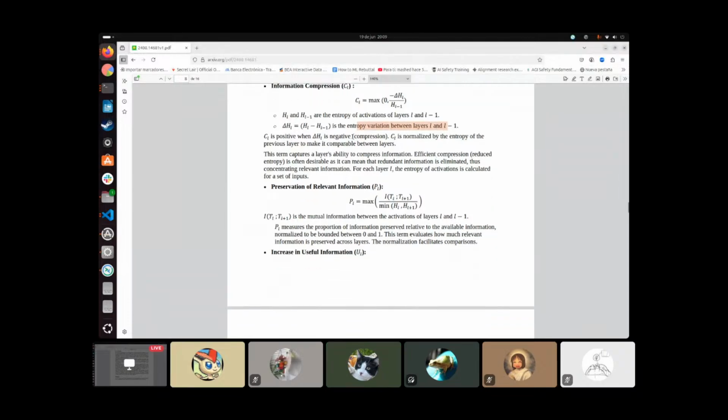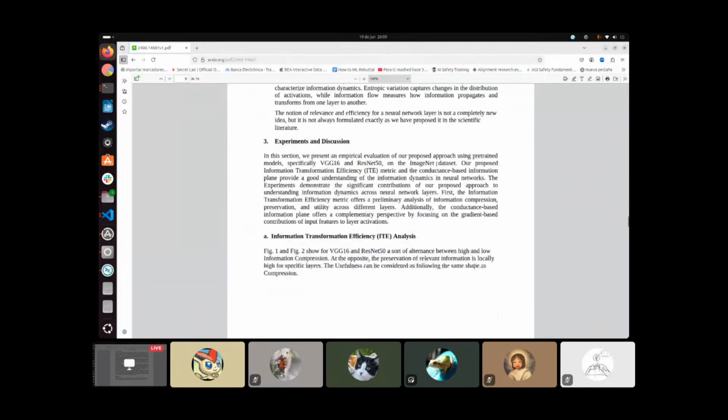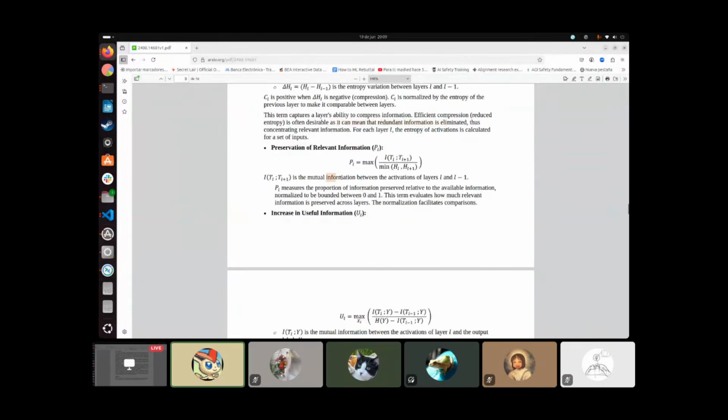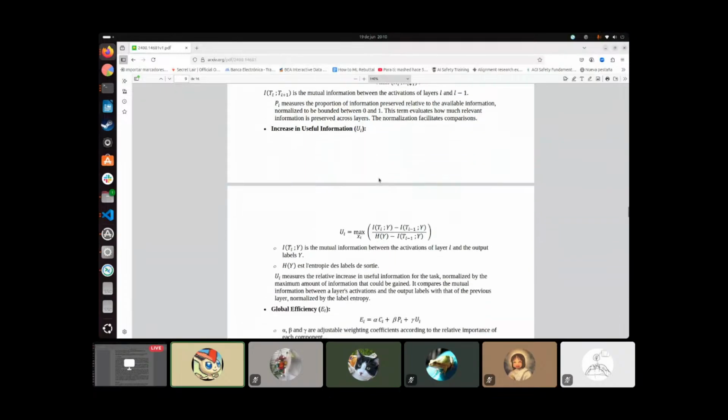And then what is the preservation of information, which is the mutual information on the activations of the two layers, represented relative to available information, normalized to the preservation of relevant information. Increasing useful information.